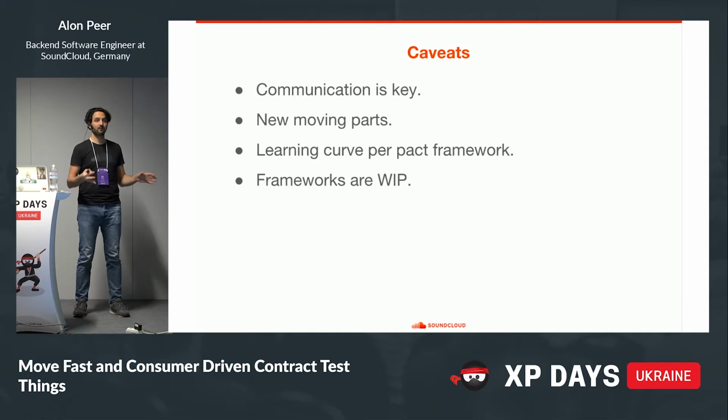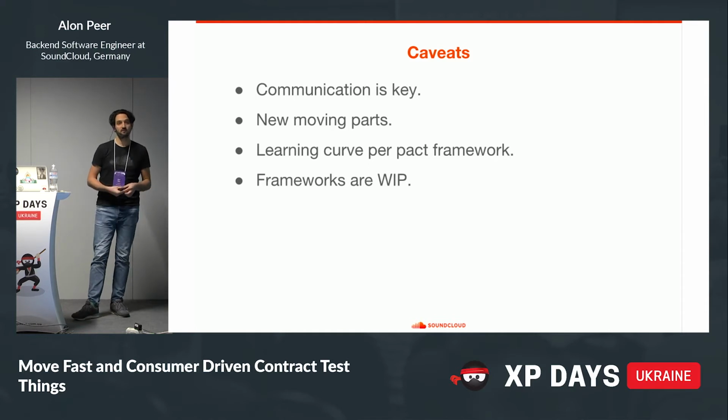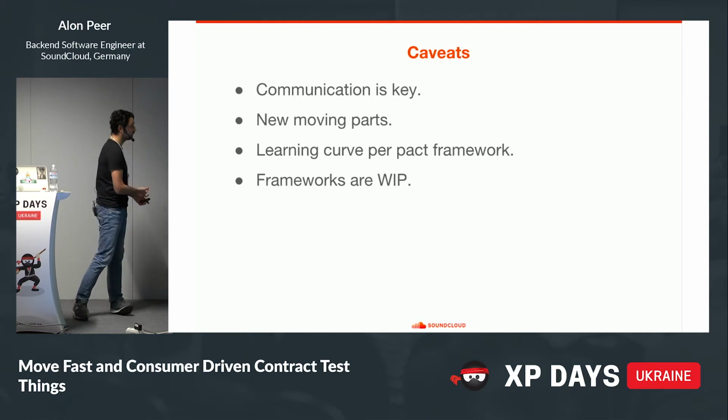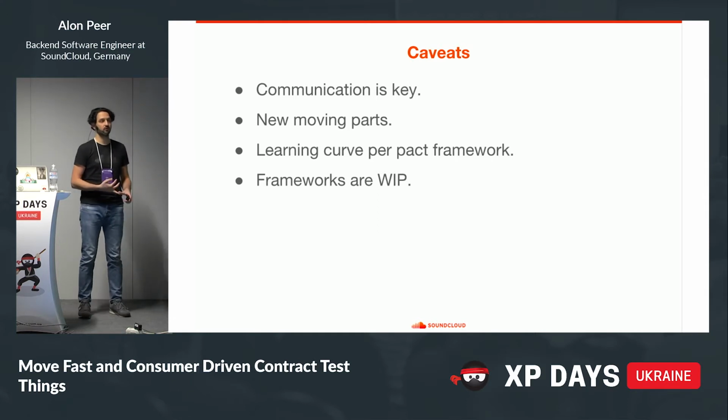There's still a lot of features and bugs to be resolved, depending on which version, which framework you're going to use. There are some that are more mature. For example, the Ruby one and the Pact.jvm one are very mature. But if we look at the Swift one, for example, I think it's still taking its baby steps. So it's very important to look at how mature that framework is.